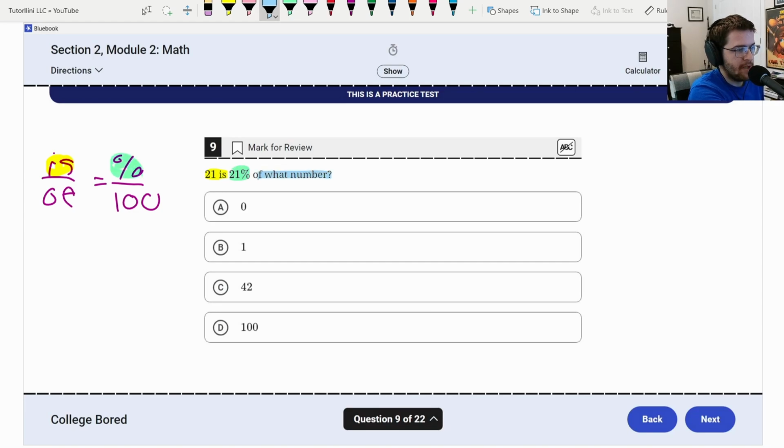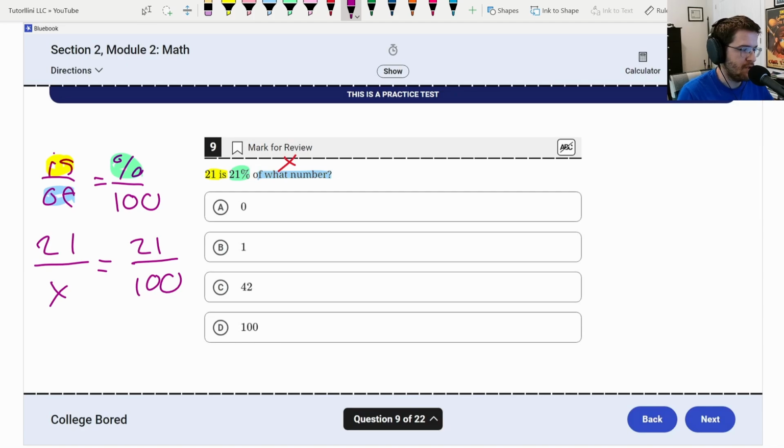Of what number? We can call that x to try to figure out what it is. So that can go here. So we get is 21. Of is x. The percent is 21 over 100.